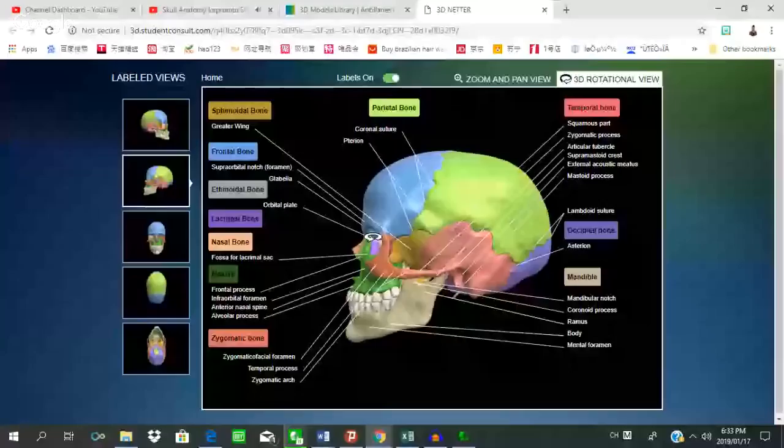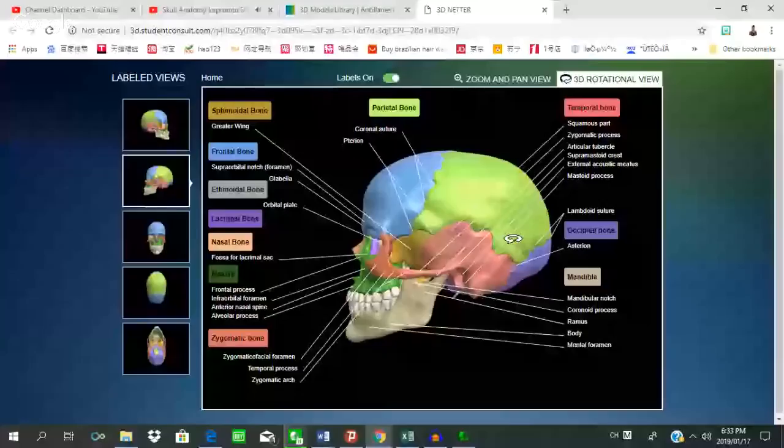We have the maxilla in this section, and the nasal bone, the lacrimal bone, the mandible.